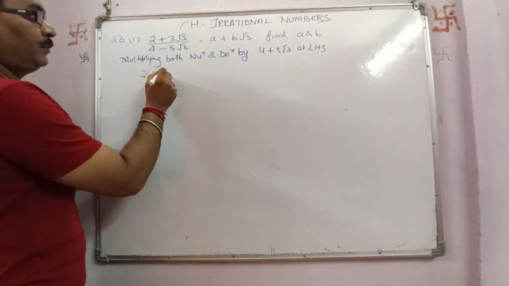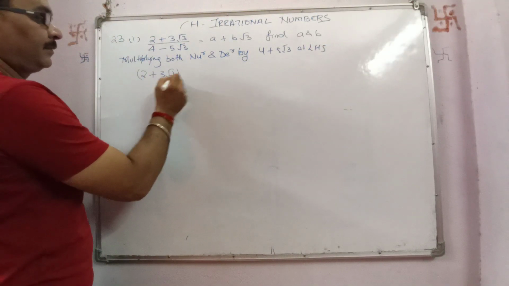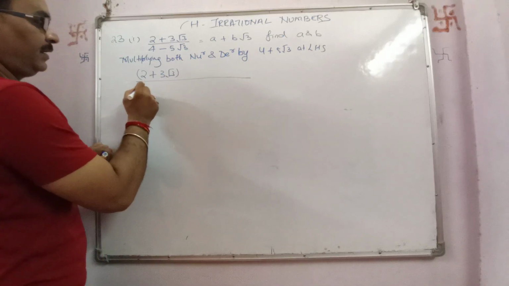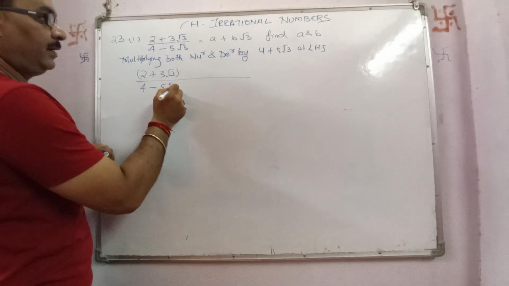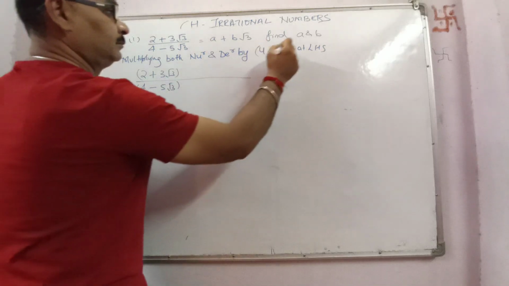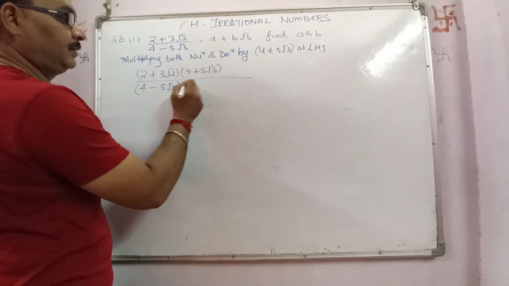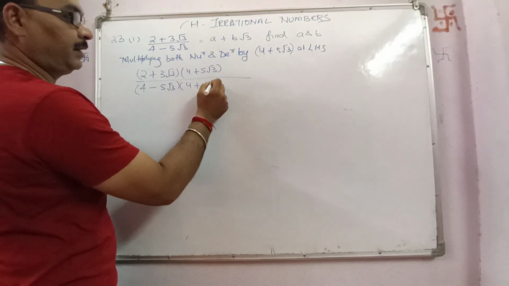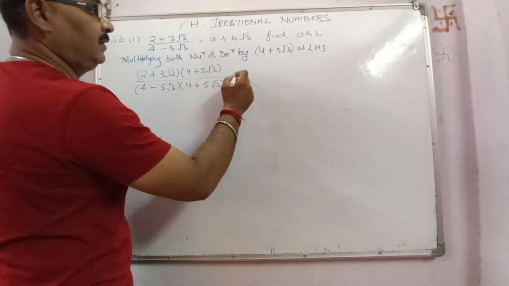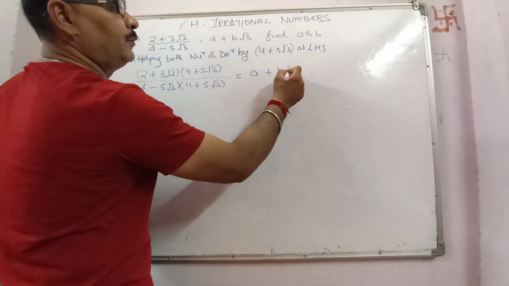So we have 2 plus 3 root 3 divided by 4 minus 5 root 3, multiplying both numerator and denominator by 4 plus 5 root 3, and that is equal to a plus b root 3.